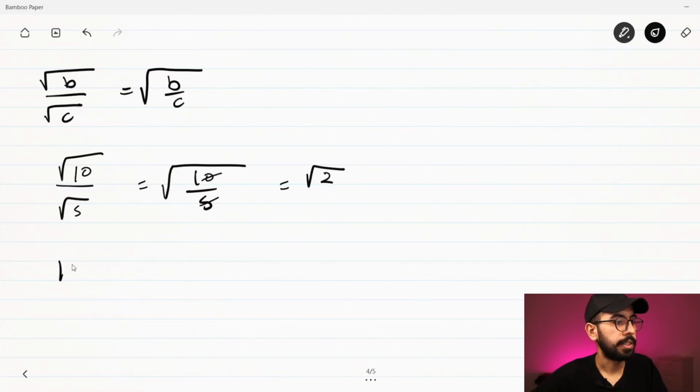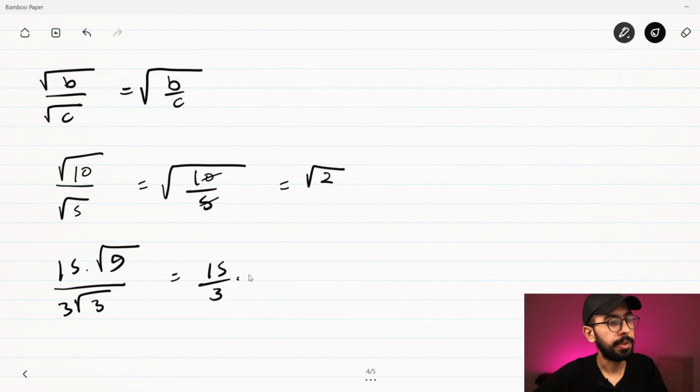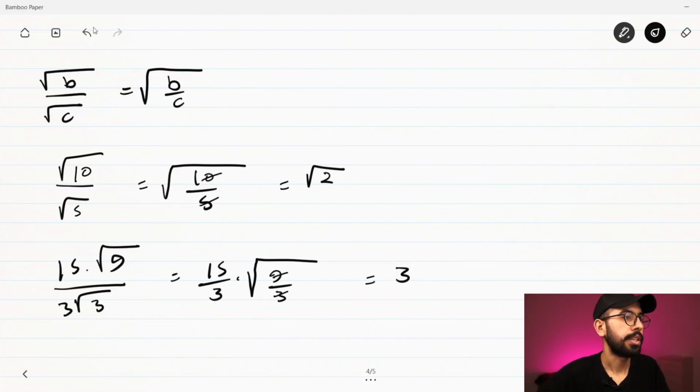If we have 15 times root of 9 over 3 times root of 3, it will be like saying we have 15 over 3 multiplied by a big root of 9 over 3, which leads us to 5 multiplied by the root of 3.